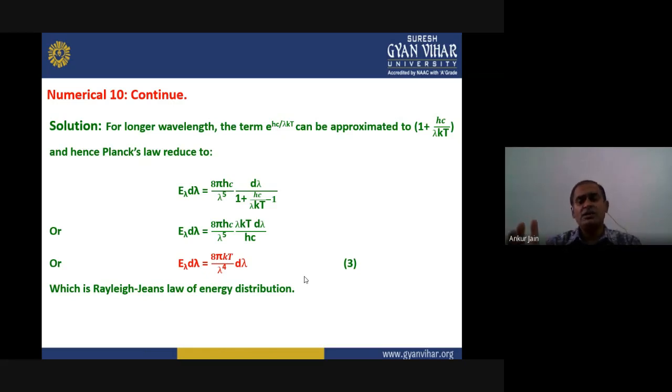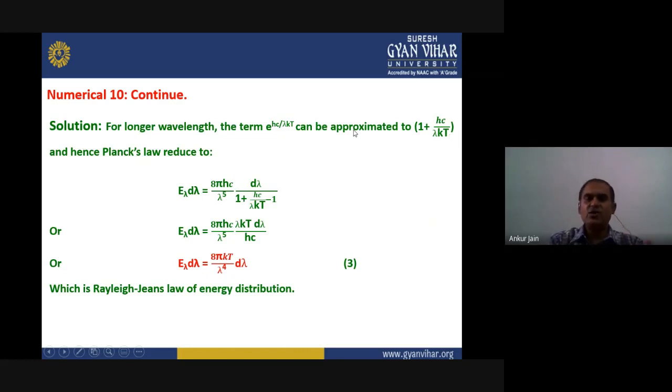Now since for longer wavelength this hc upon lambda kT will be very small, in the higher power terms, where we will have 1 plus hc upon lambda kT plus hc upon lambda kT whole square, that square term will be very small in comparison to other terms. So we can ignore the higher power terms and it can be approximated to 1 plus hc upon lambda kT.